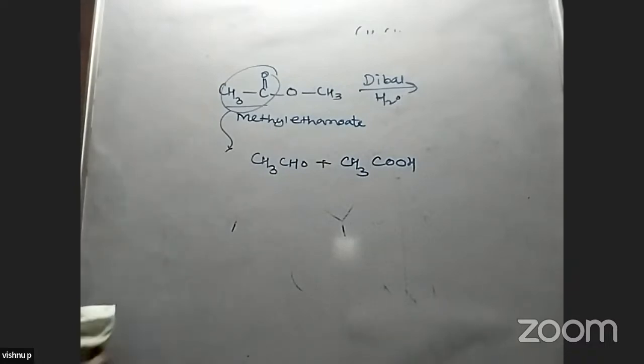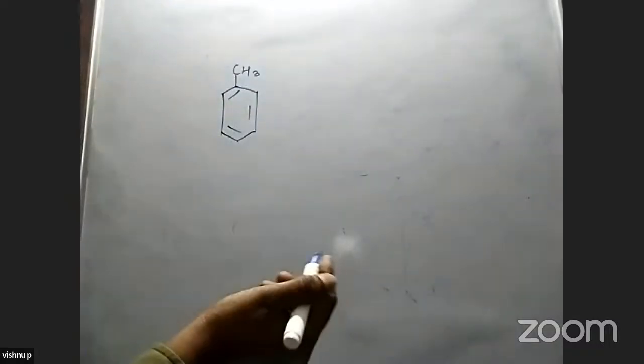And next reaction is with chromium oxide. This is toluene. Three alpha hydrogens are present. Alpha hydrogens are a must for this reaction.